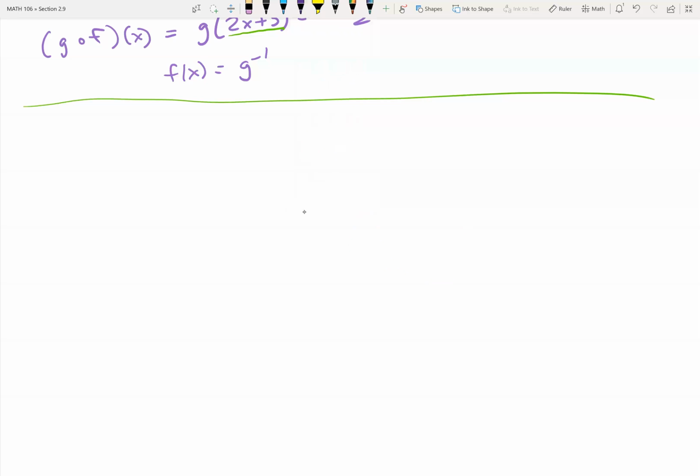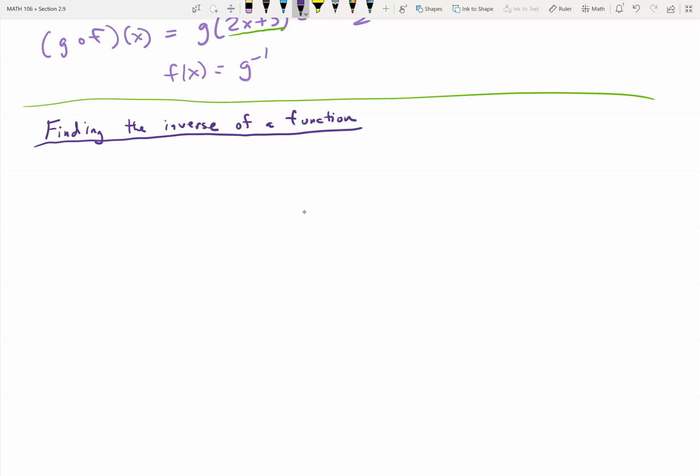Perfect. Okay, so let's talk about how to determine the inverse of a function. And this is the last new material for the course. So how do we do this?